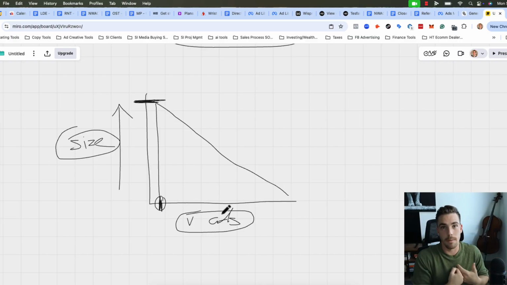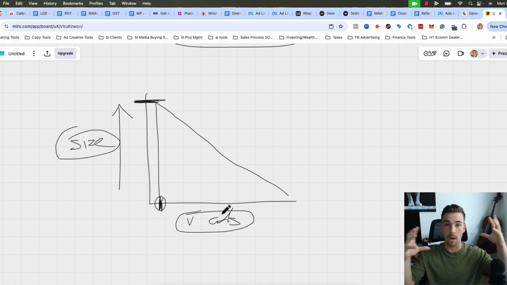So if I'm targeting them and I'm spending $5,000 a day, I can get away with testing less compared to if I'm selling to the dentists. I'm going to have to test a lot more variations. I'm going to have to launch a lot more ad concepts or ad angles in a given month or in whatever time frame, comparing the two, because the market is just a lot smaller.